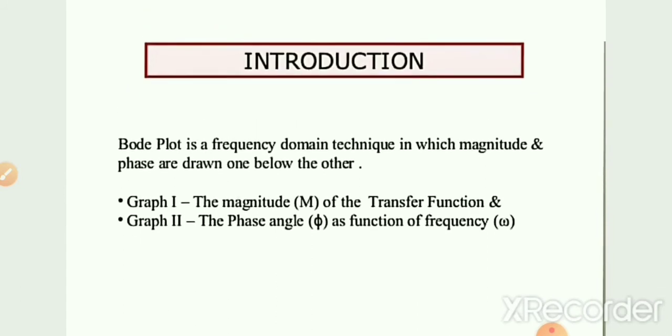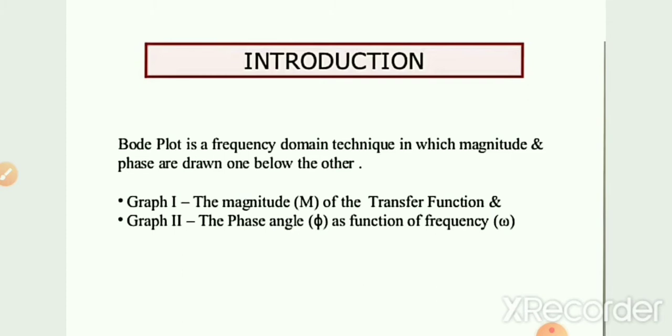We have so many techniques for analyzing stability of a control system. In those techniques, Bode plot is one of them. Bode plot is a frequency domain technique in which magnitude and phase are drawn one below the other.